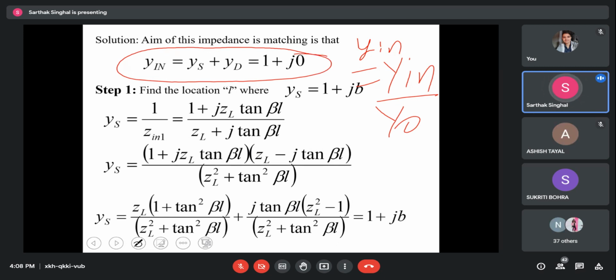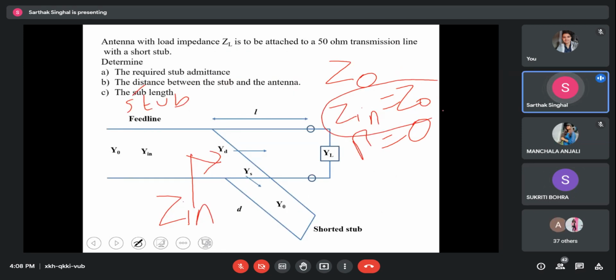If your y in is equal to 1, then your Z in will be equal to Z naught and there will be no reflection. Since these two stubs are connected in parallel at these two terminals, the two admittances will get added up, right?